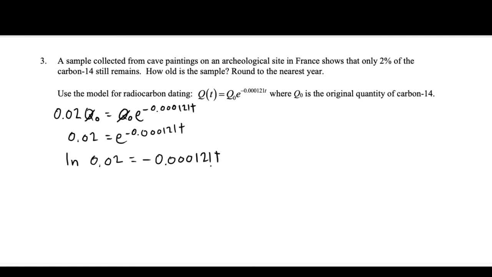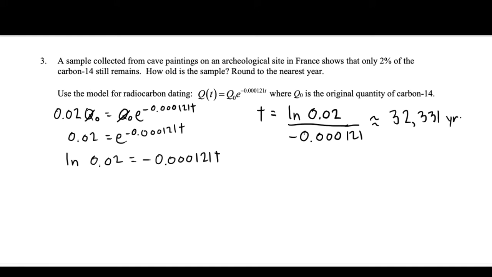And if I solve for t by dividing both sides by negative 0.000121, I end up with t equals ln of 0.02 divided by negative 0.000121. Evaluate that in your calculator and you'd get approximately 32,331 years. That would be the estimated age of the sample.